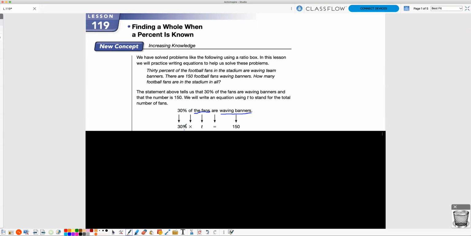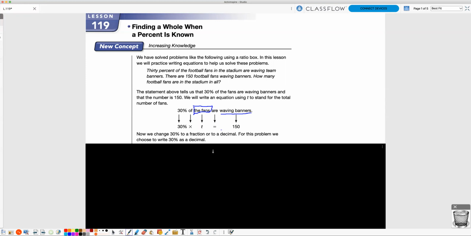We are told that 30% are waving banners and that 150 of those people are waving banners. So these two are considered the same amount. So 30% times the number of total fans in the stadium equals those waving the banners.